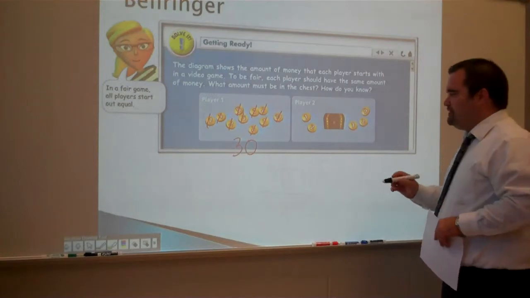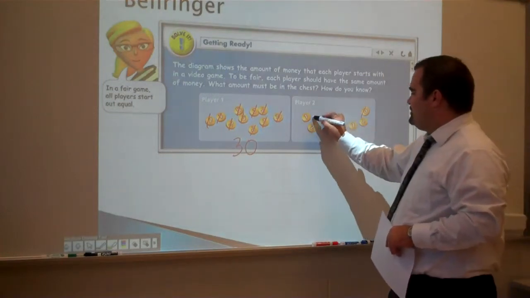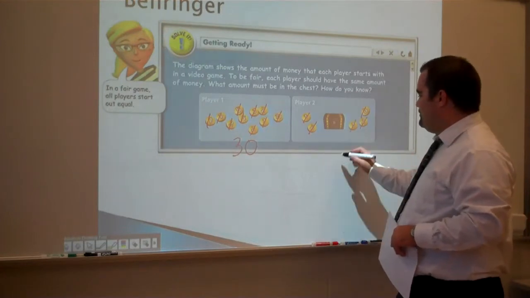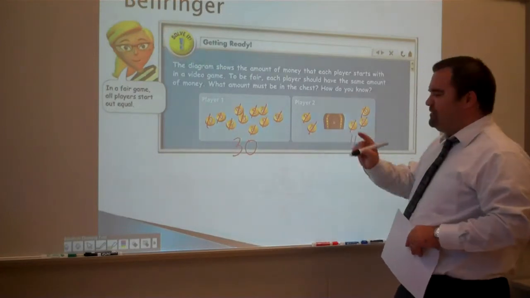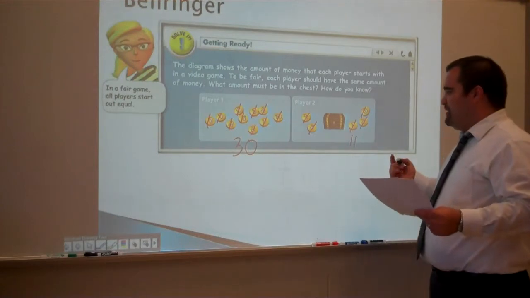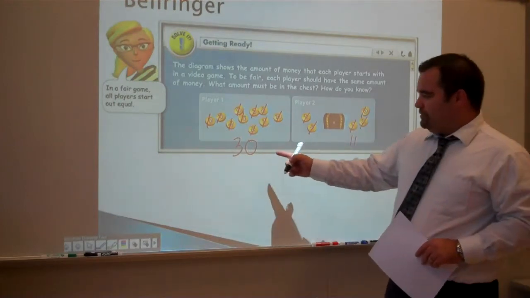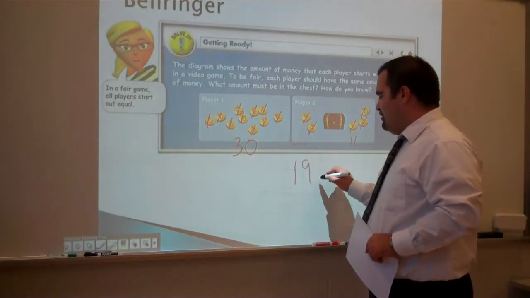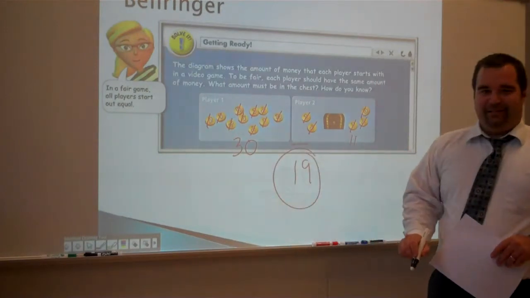Player 2 on the right side has 5, 6, 8, 10, 11. And then they have a certain amount inside that chest. How much would be inside there if they're equal? Well, to figure that out, I'm just going to subtract those two. 30 minus 11, I get 19.